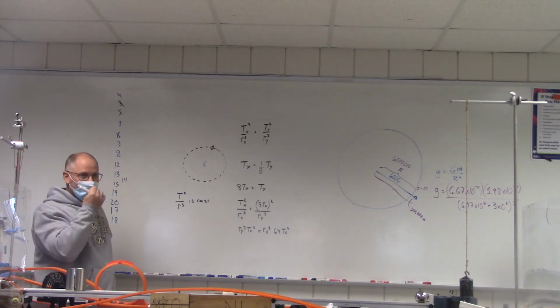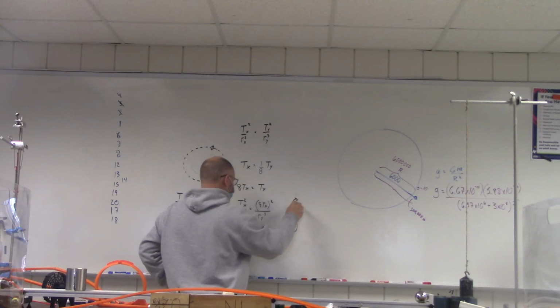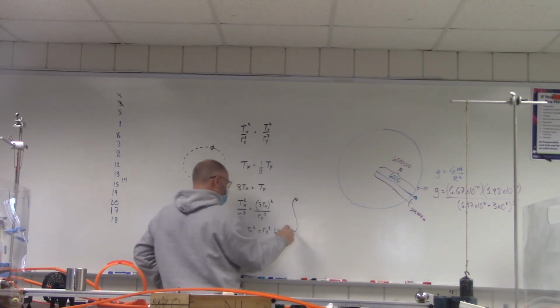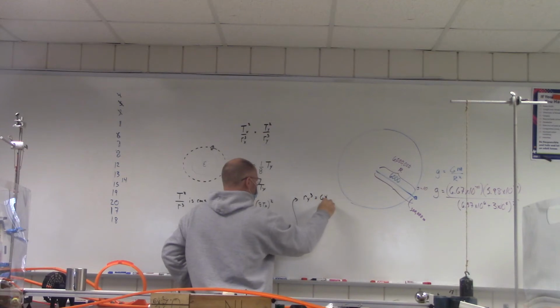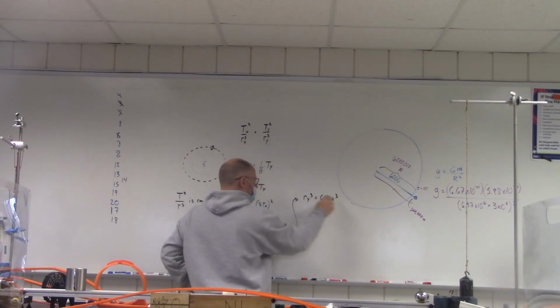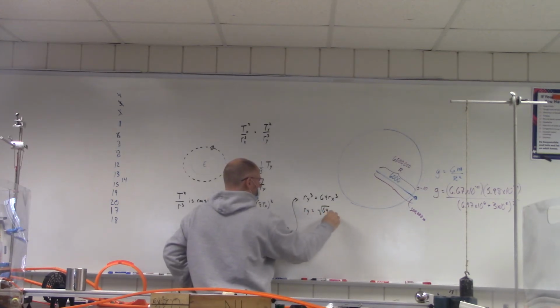You guys with me there? I can see that the Tx squares go away, and so I end up with ry cubed is equal to 64 rx cubed, and I have to take the root of both sides. So ry is equal to root 64 rx.